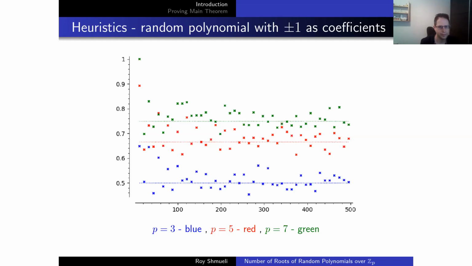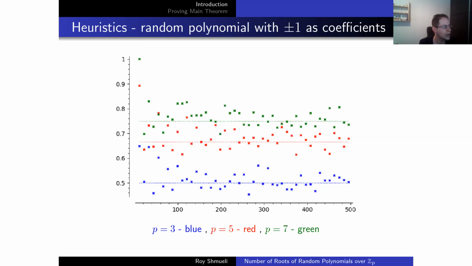A question: the vertical axis is the average number of roots, so there is no more than one root on average. Is there an explanation for that? It looks like it's a ratio of something, and it has to be less than 1.